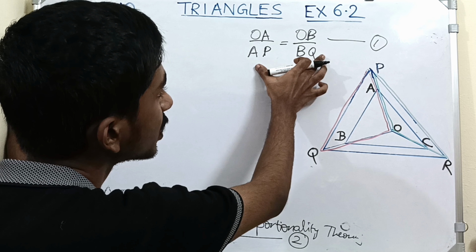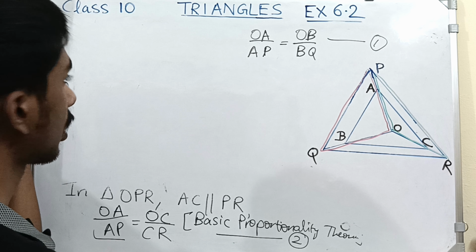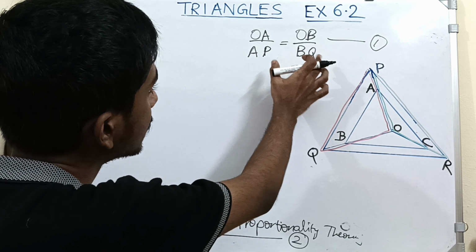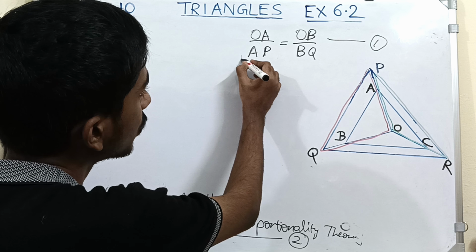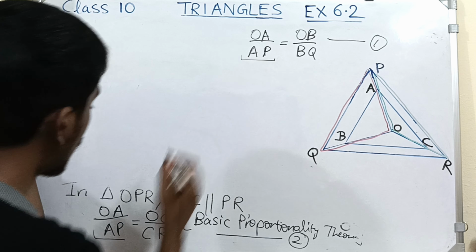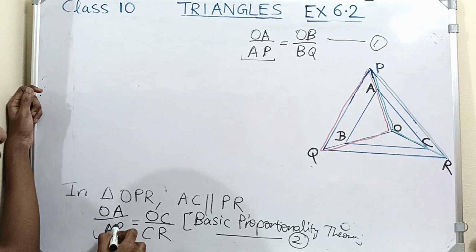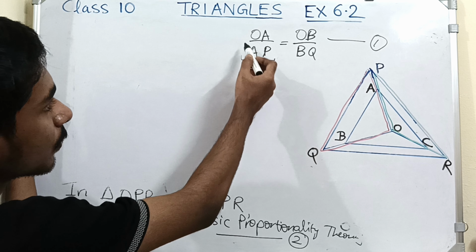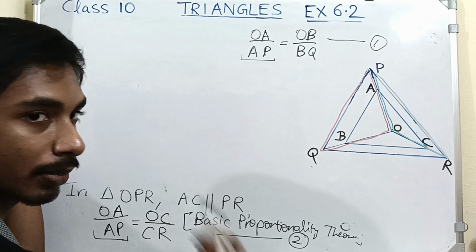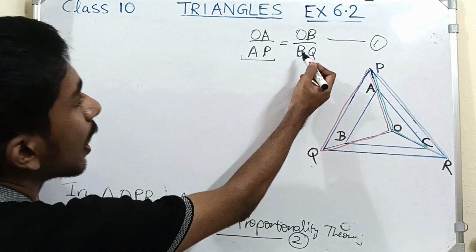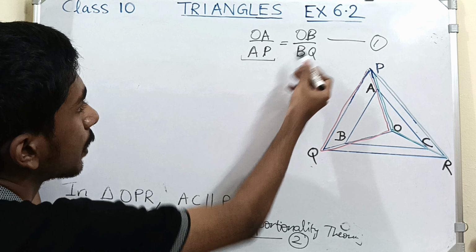Now I have written equation number 1 here because, see, in the left hand side you can see OA by AP, and here also I can see OA over AP. If the left hand side of both the equations are same, then we can say the right hand side will also be same.